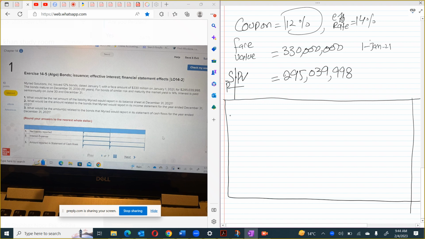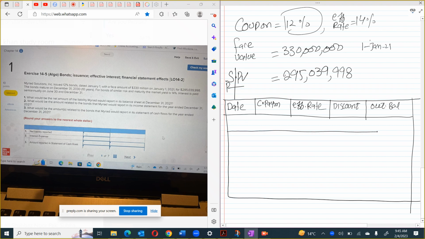What I need first of all is the date, the cash payment, the effective interest rate, the discount, the reduction or increase in value, and the outstanding balance.